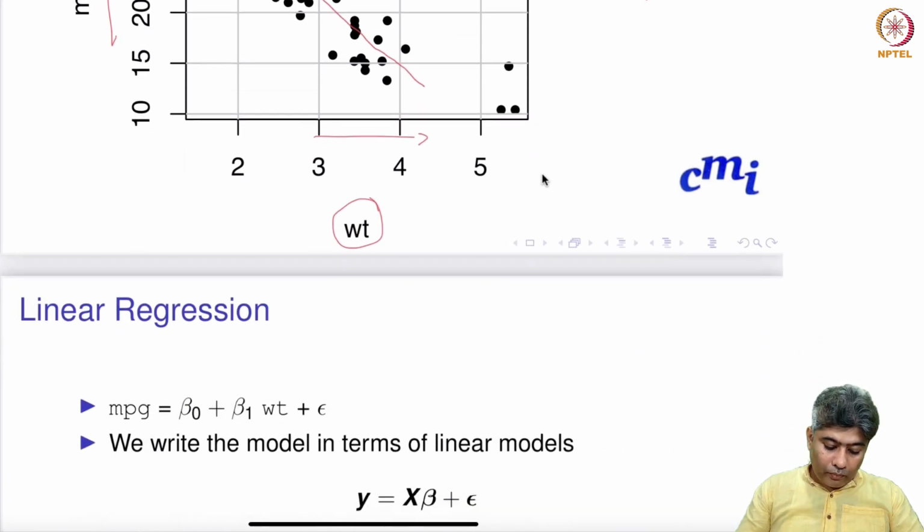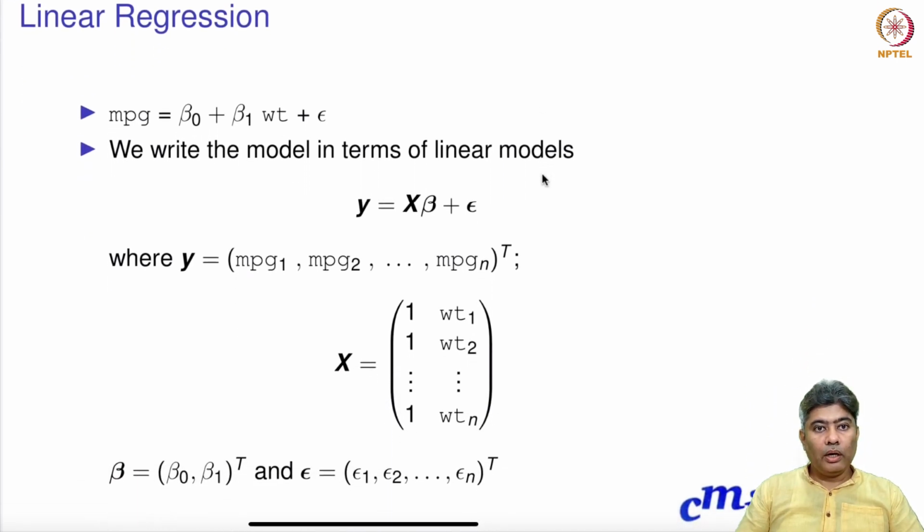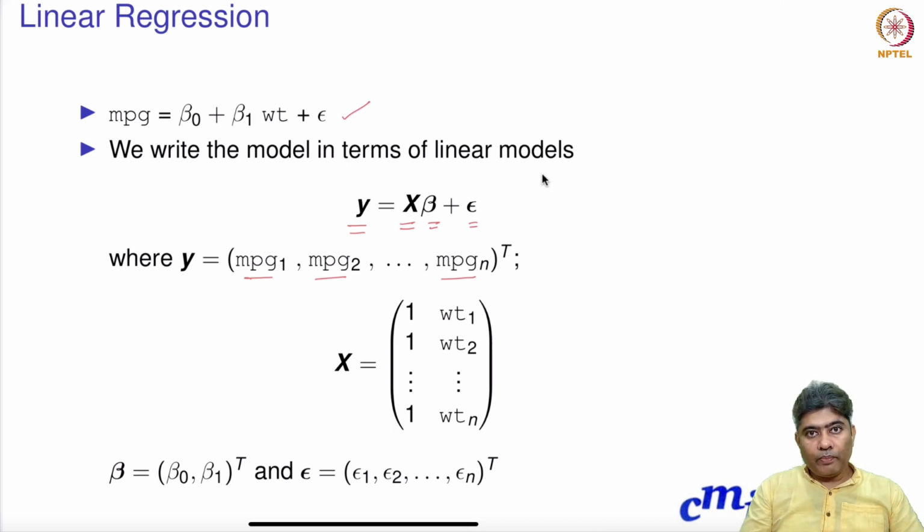Now this model, as we have seen in the previous lectures, can be defined using the matrix notation y equals x beta plus epsilon, where y is a vector of n dimension: miles per gallon 1, miles per gallon 2, up to miles per gallon n. So we have n samples, and in each sample we have a miles per gallon value.